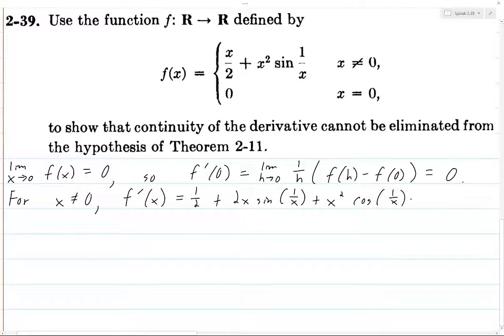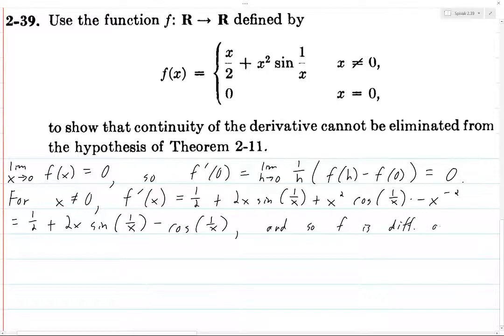Then we have to multiply by the derivative of 1 over x. So the derivative of x to the -1, you bring down the -1, and then the exponent becomes -2. So minus x to the -2. So this is going to be 1/2 plus 2x sine 1 over x minus cosine 1 over x. And so f is in fact differentiable on R.